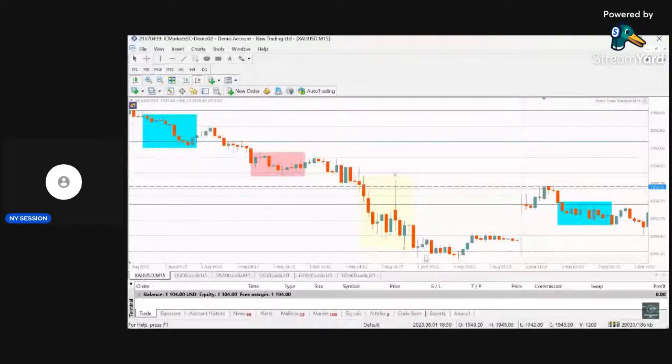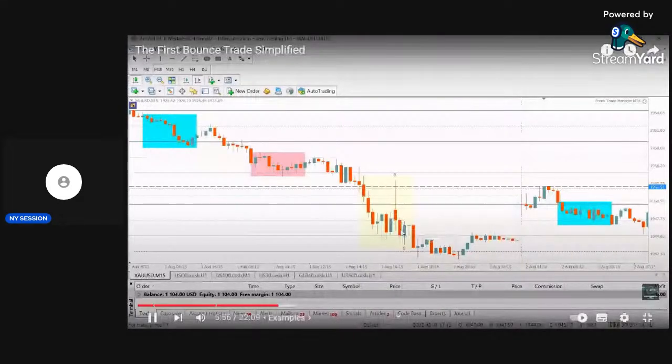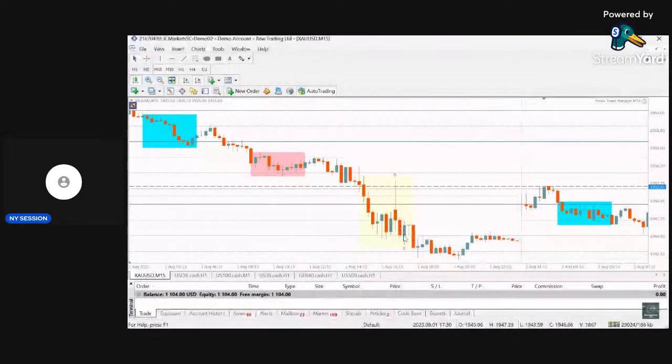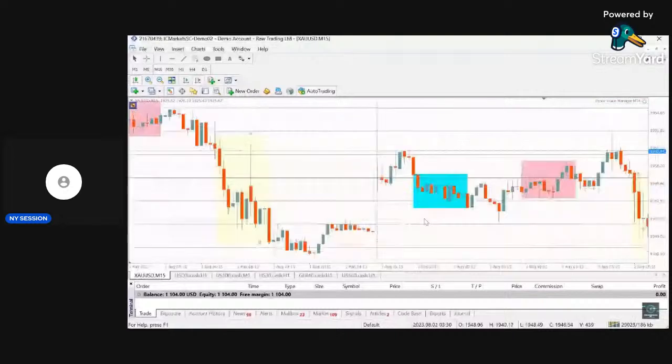But the idea is you're going to look for that news candle to close. After that, you're looking for either the pullback or price is going to continue as you see it here. You're going to get that first bounce, which is this candle, and then you're looking for the entry on the candle afterwards. So let's go to the next one and see how that plays out.